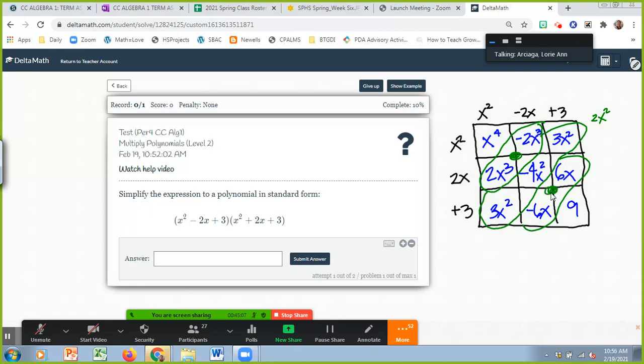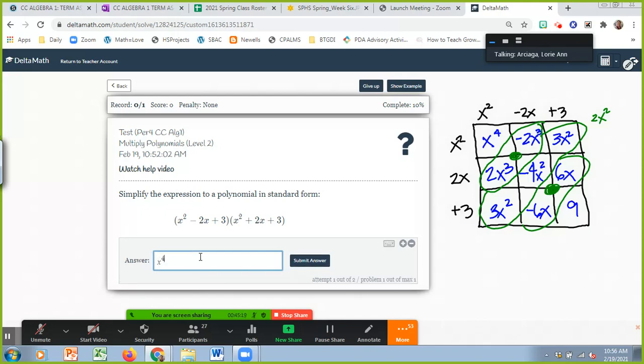They cancel each other again. So that's 0. So I think it's the third one. So this will become x to the fourth. And then this is 0 now. So plus 2x squared. And this is 0 again. So plus 9. Did you find it?